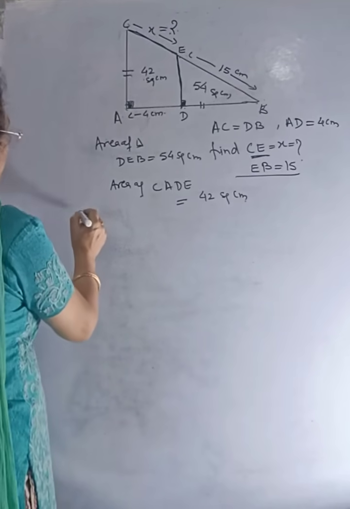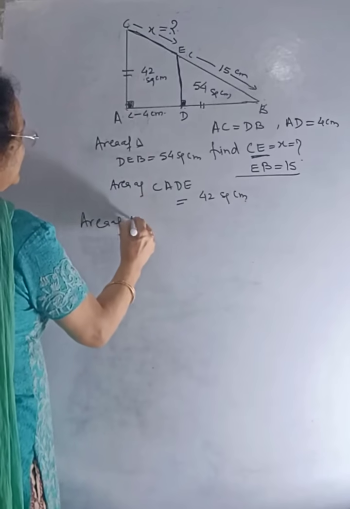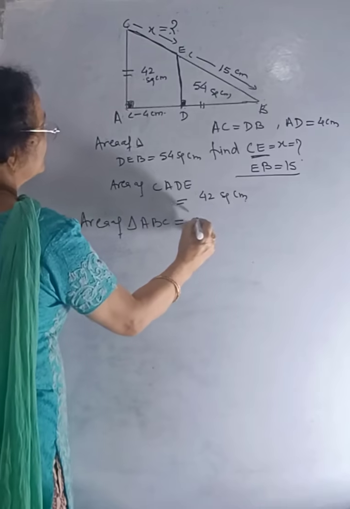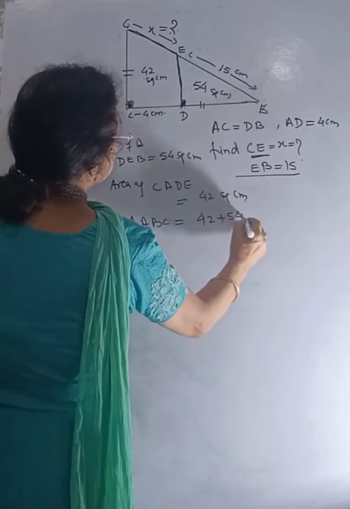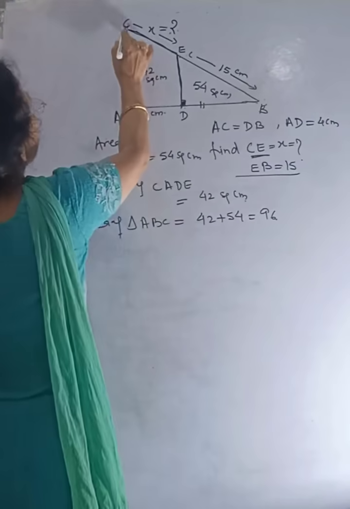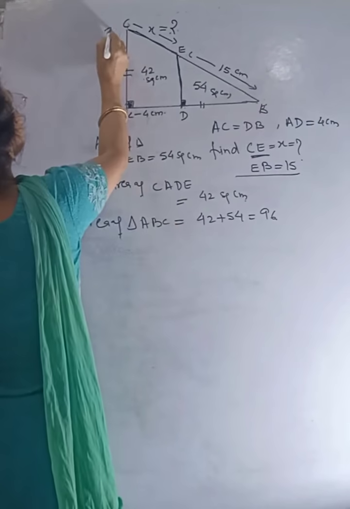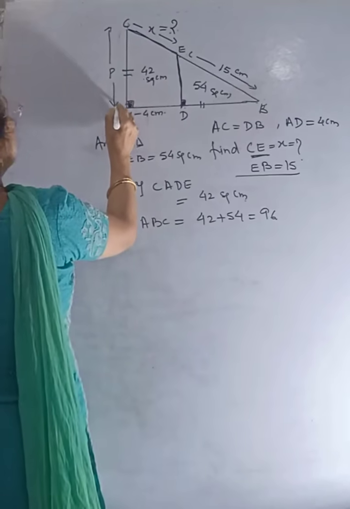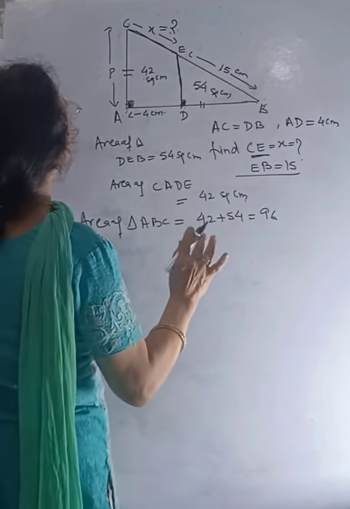It means that area of triangle ABC will be equal to 42 plus 54, that is 96, which can be written as height into distance. Let us suppose height is equal to CE is equal to P. P is not known to us even.